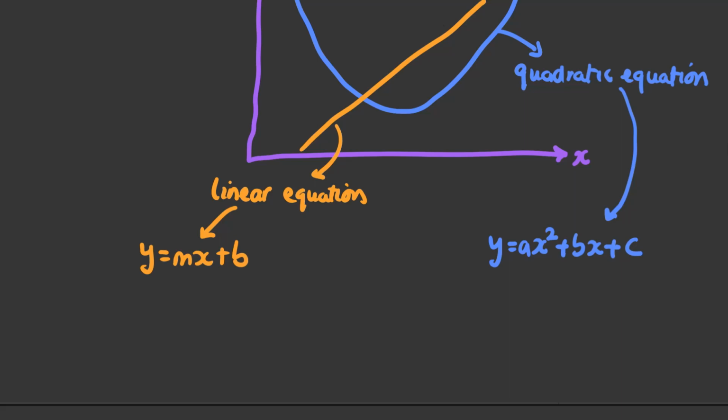Now our goal here is to solve for x. What does this mean? This means that we need to highlight the x-intercept.